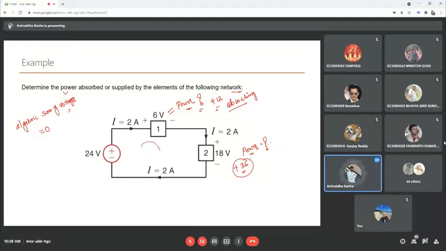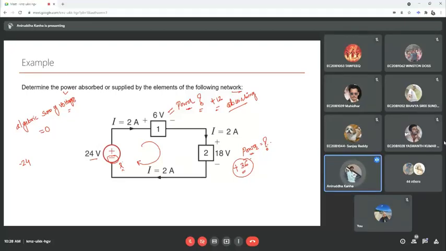How? Let us take this as a direction. I have started walking from here in the circuit, and I am taking those signs which I encounter first. So in this case, I have encountered minus 24.